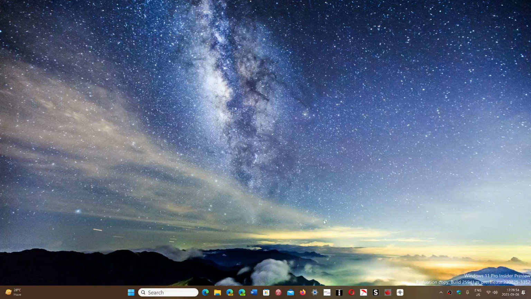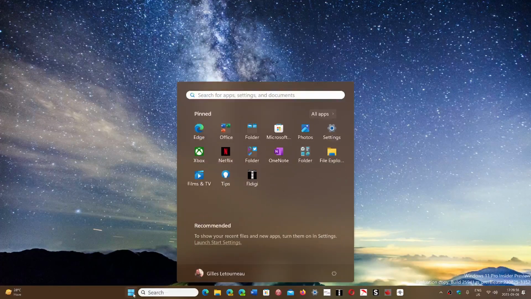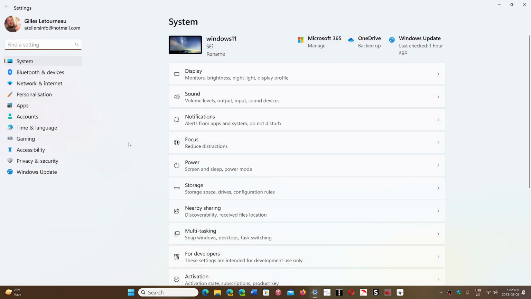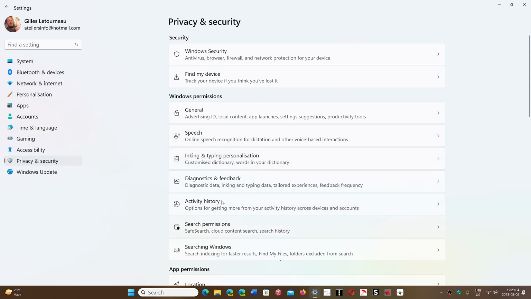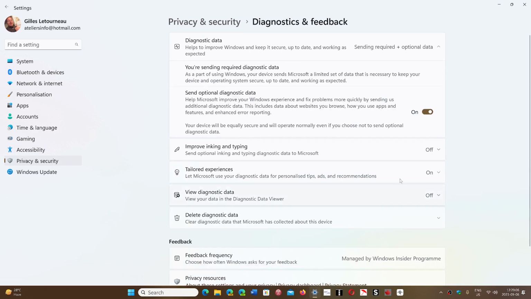Now, one of the things that they do get is telemetry. Telemetry is what we have in the diagnostics and feedback that we talk about all the time, where a lot of people are kind of wary about how much data is being sent out. And all of that is what Microsoft receives. If there's a crash, if there are errors, sometimes internal errors that you might not even see as a user, Microsoft will see it with the telemetry.